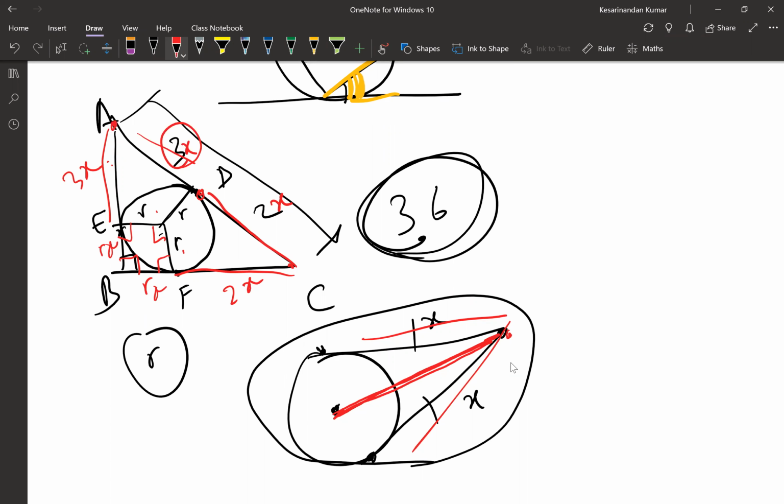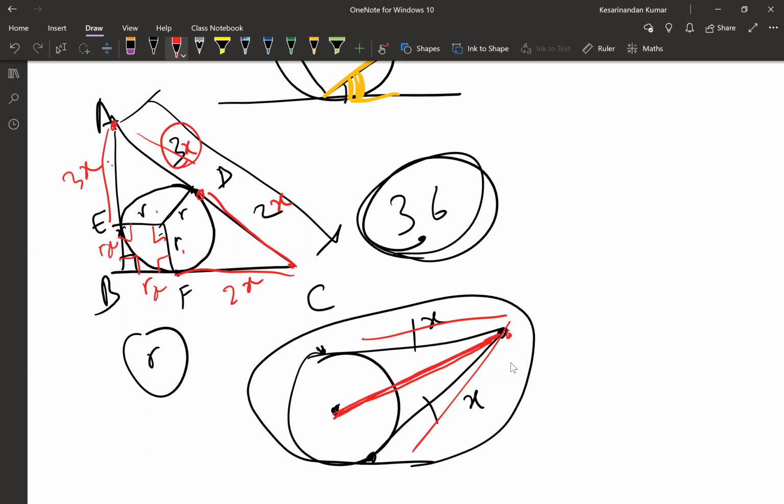Now, do I know the total length of all these sides, guys? What is the length of the hypotenuse here? 15. 5x. No, 3x plus 2x.